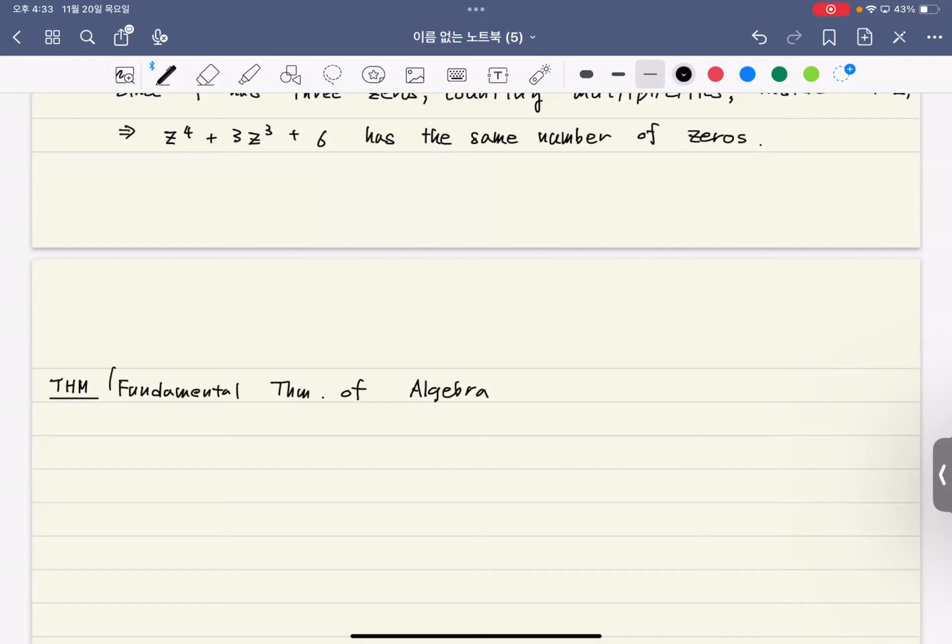Not that you can actually pinpoint them, but you can approximate. And Rouché's theorem gives us another proof of the fundamental theorem of algebra.